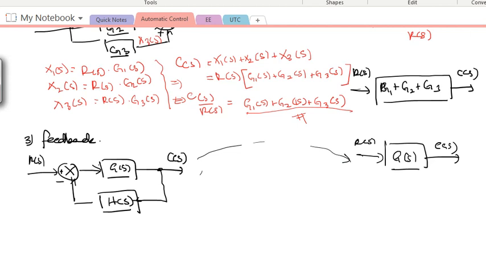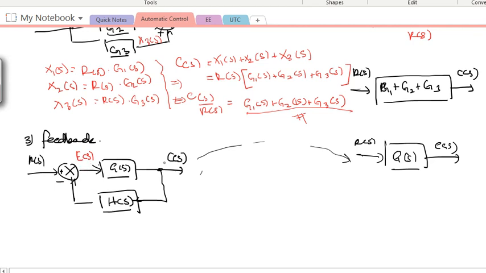Just like all the things that we've done before, we will first identify the signals. Let's say we will call this signal here ES. Why do I call it ES? E stands for error because it is the comparison between the input and the output, right? So that's why we call it ES. Here it's ES.